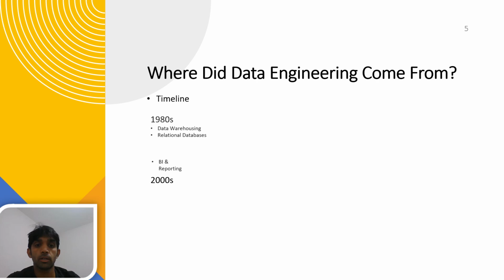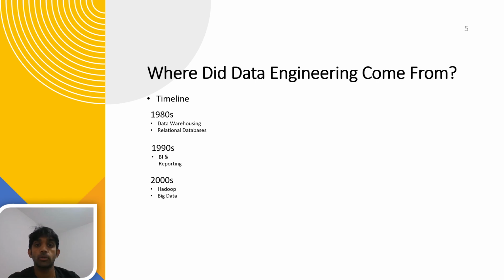So let's look at the timeline. In 1980s, data warehousing, relational databases, and 1990s. That's when it started to be seen as a rise of business intelligence and reporting systems. And during 2000s, Hadoop and big data emerged.